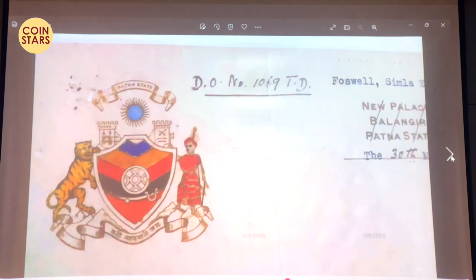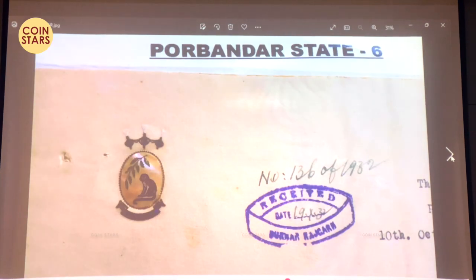Next, this is Patna state in Orissa. Patna is not to be mistaken for the capital of Bihar. Next, this is Porbandar.